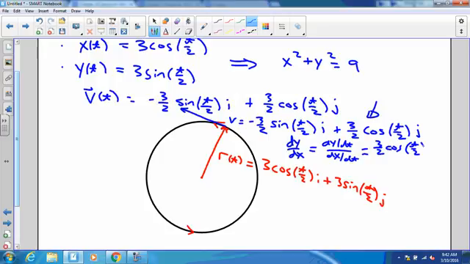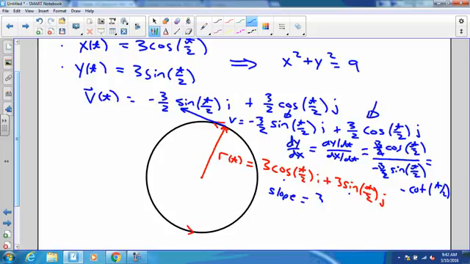And dy/dt is sitting right here in the velocity vector: 3/2 cosine of t over 2. And dx/dt is sitting right here in the velocity vector, negative 3/2 sine of t over 2. And various things cancel out, giving me negative cosine over sine, or negative cotangent of t over 2.